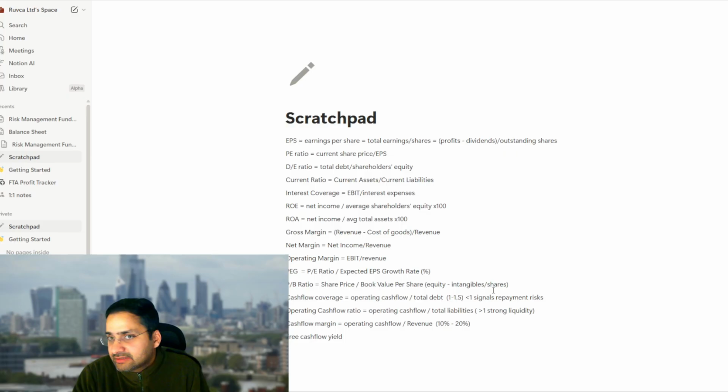Now free cash flow yield is equal to free cash flow divided by total market cap. For this one, if it is between 5 to 10%, then that will suggest that there is some excess cash.